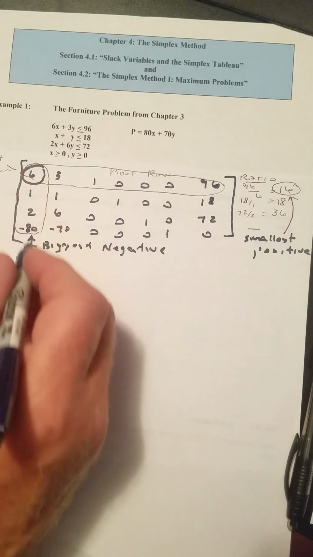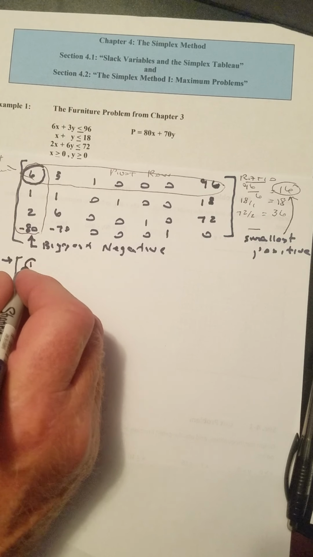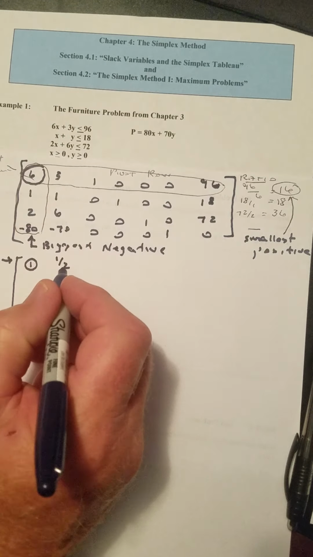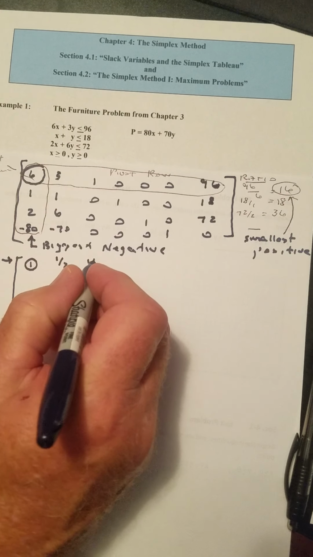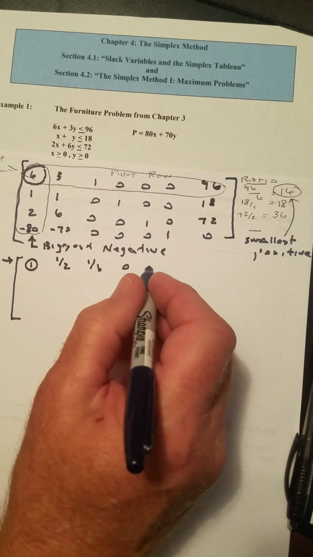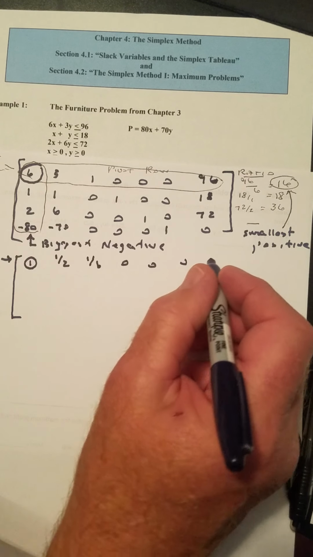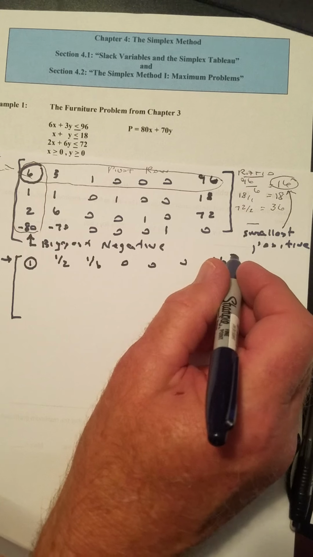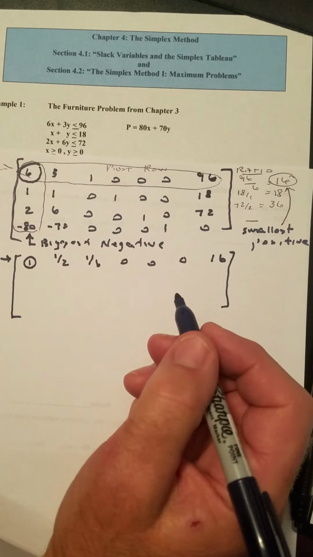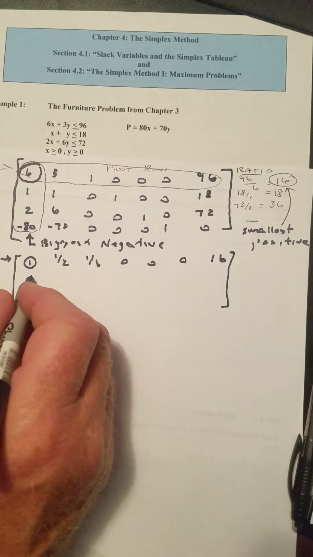So 1/6 of 6 is 1. 1/6 of 3 is 3 over 6, that's a half. 1/6 of 1 is 1/6. 1/6 of 0 is 0. Then I got 0, and I got 0. I already knew that was 16, the same number I had up here, because I'm taking 1/6 of it. Row 2 stays the same.